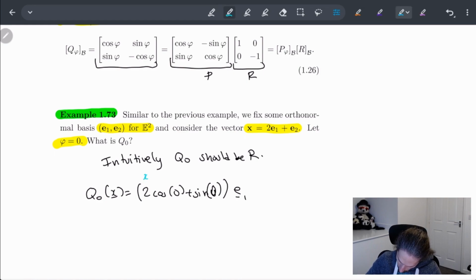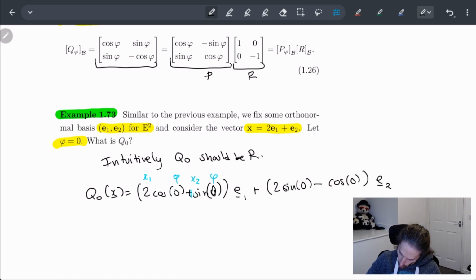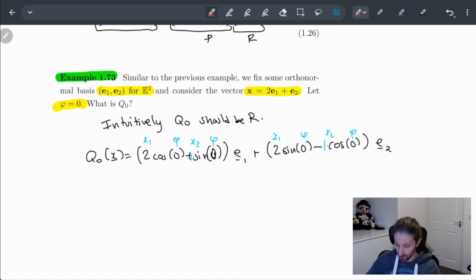So this was my x1, this is my phi, this is my x2, which is 1, times my phi, plus, what do I have on this side? We have sine of 0 minus this time cosine of 0, of E2. So what are these numbers? Cosine of 0 is just 1, sine of 0 is 0, sine of 0 is 0, and cosine of 0 is 1.